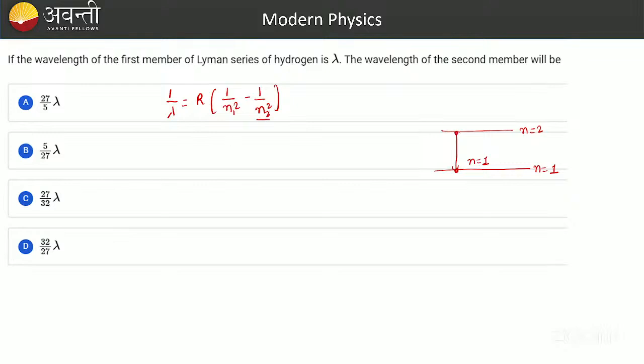So from n1 to n2: for the first member n1 will be 1 and n2 will be 2. For the second member n1 will remain 1, n2 will become 3, and so on. This is for the first member, and this is for the second member.